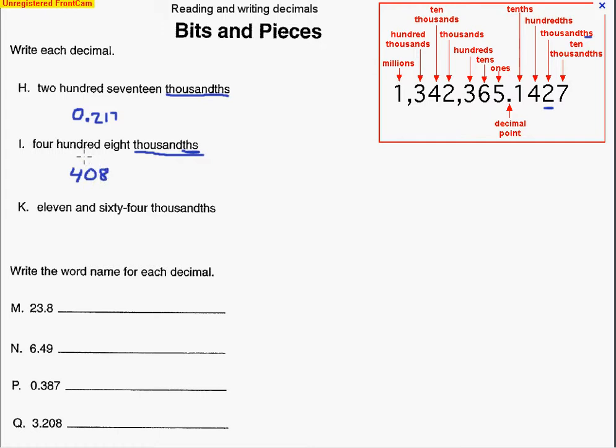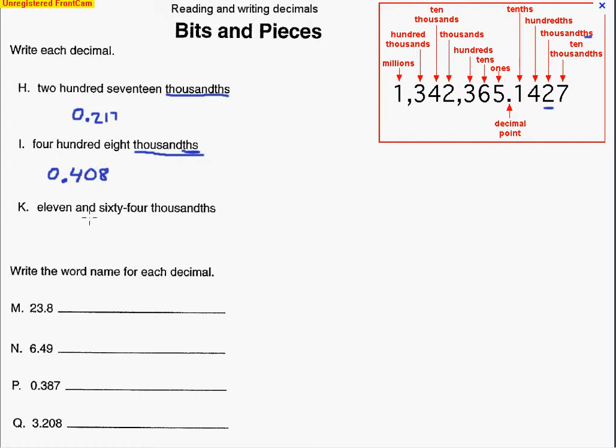A common mistake is people are going to put 480, but it doesn't say 80, it says 8. And so we look at the thousandths place again. The thousandths place is just that third digit over from the decimal. And so in order to show that we're not at 408 but 408 thousandths, we're going to use a decimal point right in front of that 4. And so our answer would be 0 and 408 thousandths.